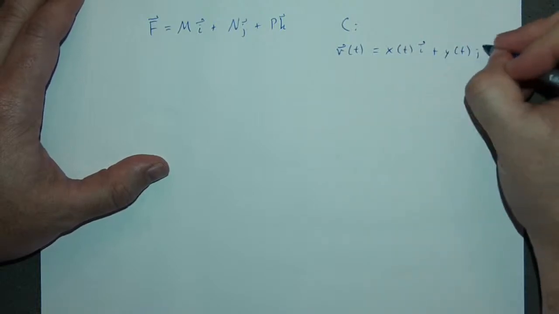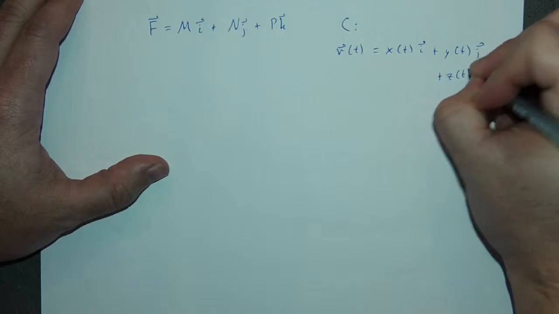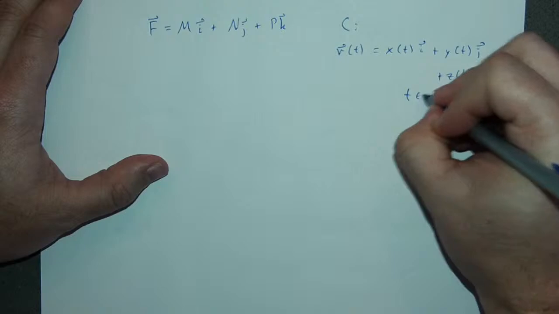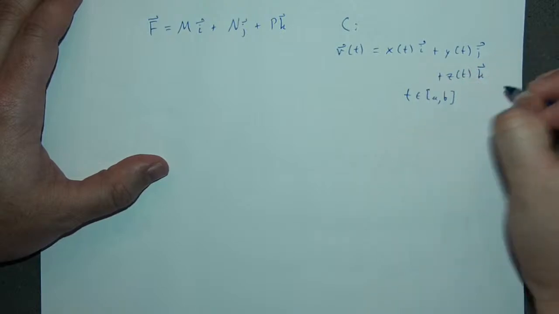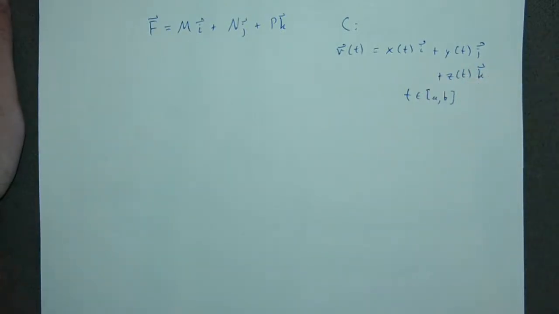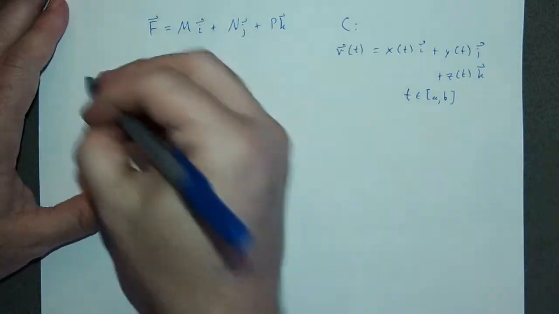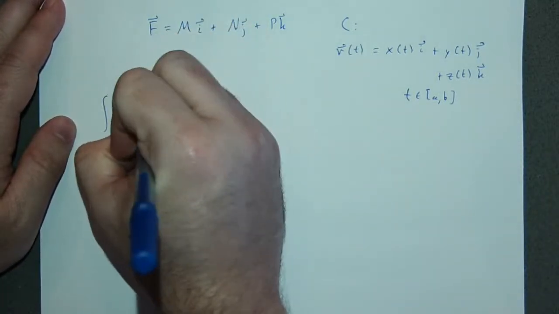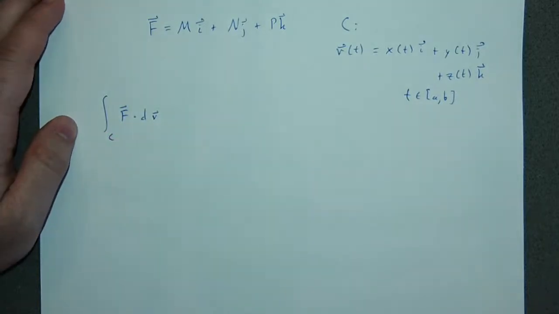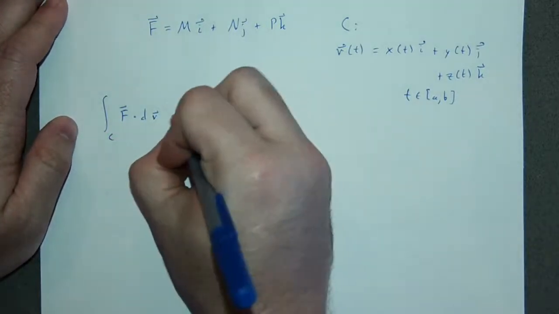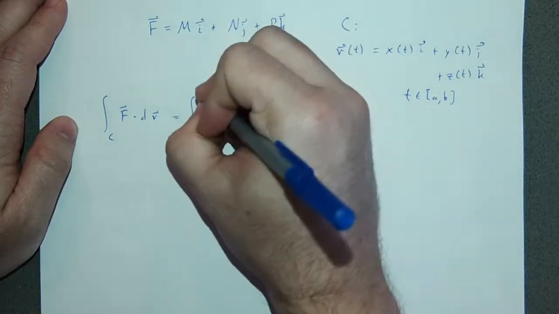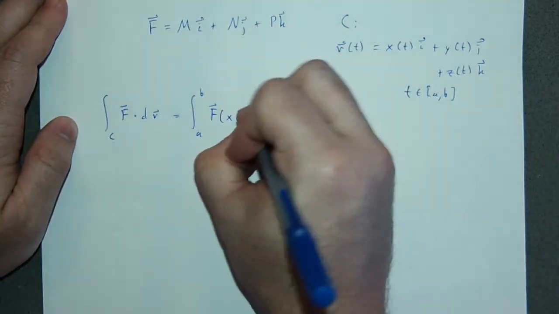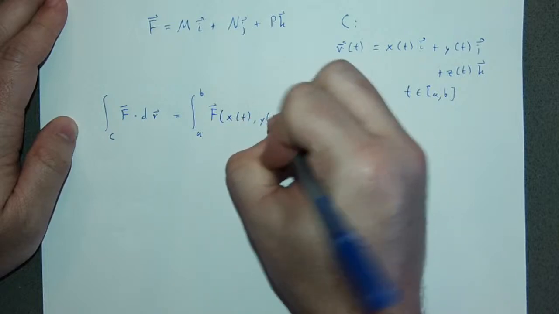Again, whenever I write an r like this, you can assume that this is what I mean. Okay, for t living in some closed interval a, b. All right, then just the definition of line integral. So this integral over C of F dot dr, this is by definition what I wrote on the previous page, the integral from a to b of my vector field F with this parameterization plugged in the usual way.